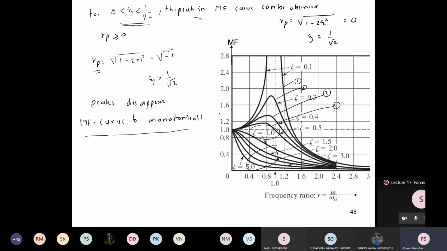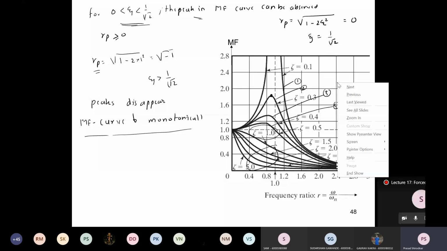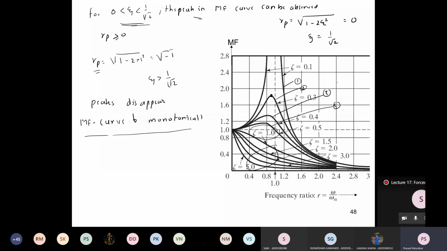Now the second feature. If you see these peak values, as zeta increases, the peaks shift to the left. This trend is observed where the shift is happening on the left hand side.